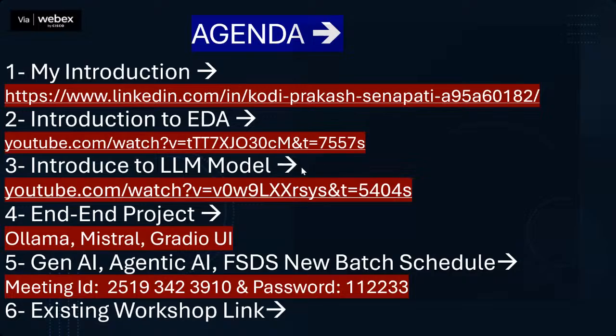Then we start the end-to-end projects we build. And I'll announce the new batch schedule for the new students who joined, and I will share some existing workshop links. Pretty clear. It's very simple and straightforward. The things I want to focus on are Ollama, Mistral, and Gradio. We do the projects today, guys.